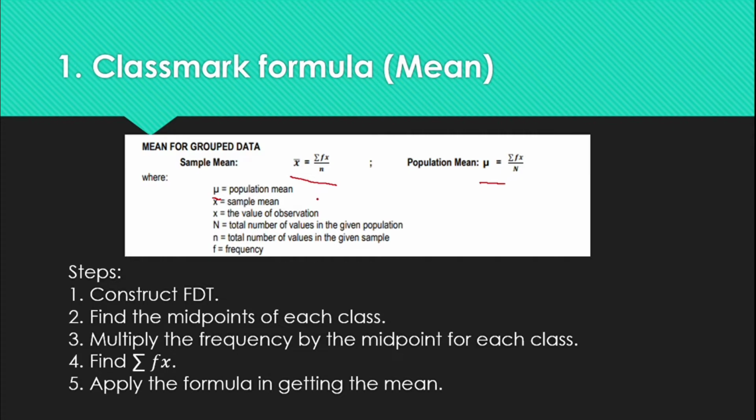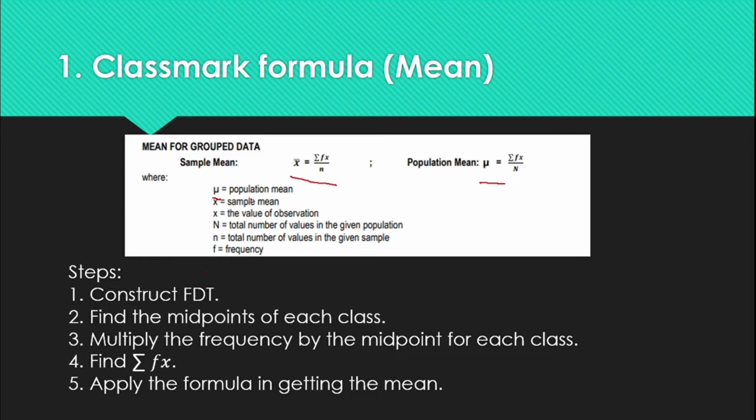Next we have the steps in how to solve using the class mark formula. First, we construct the FDT, or the frequency distribution table. If it is in raw data, we have to construct the frequency distribution table first. Next, find the midpoints of each class.